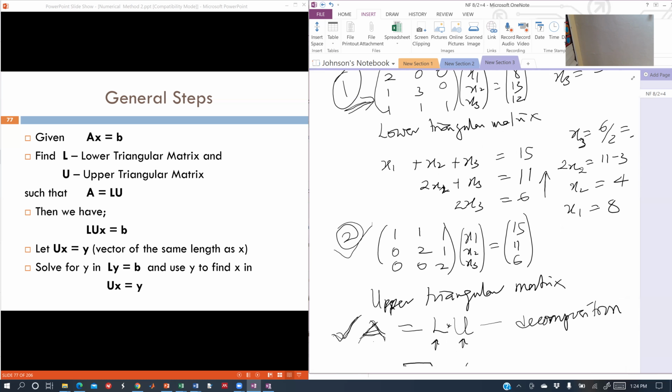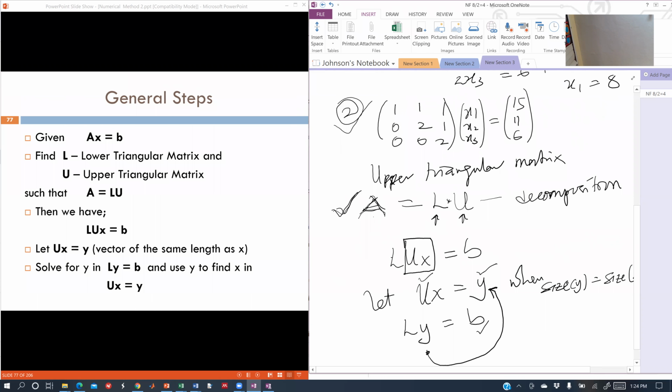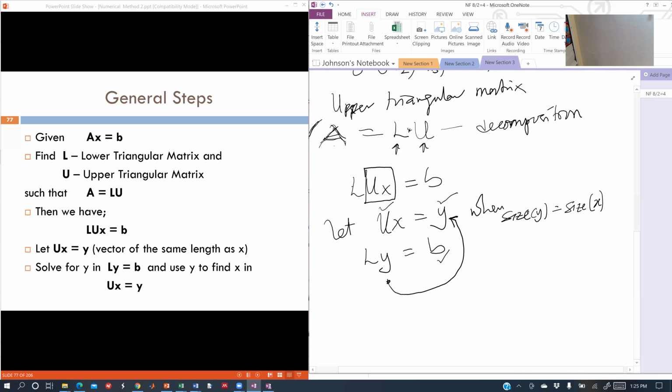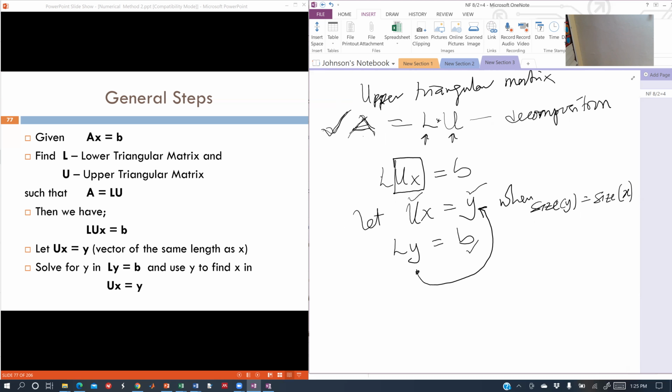First of all, use any of the three methods that are described up there to decompose the matrix into the product of two matrices such that one is a lower triangular and the other is an upper triangular. Then you solve Ly is equal to b for a certain new vector y, and then use the y to solve Ux is equal to y and get the values of x as we are looking for.